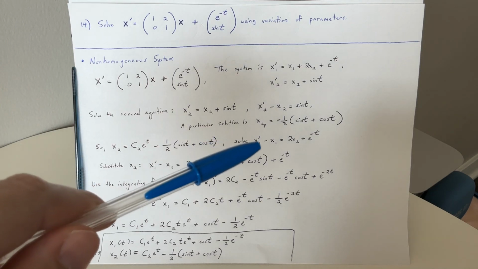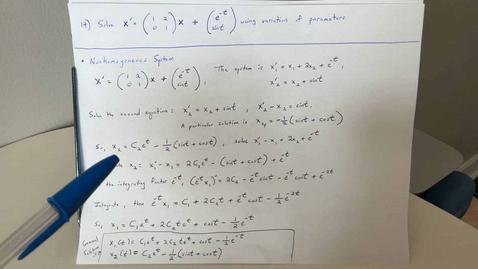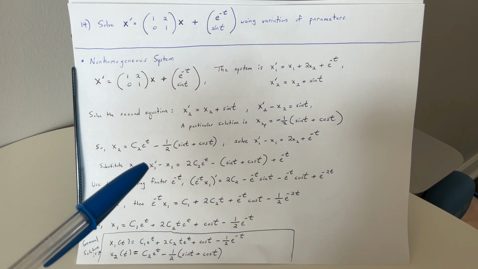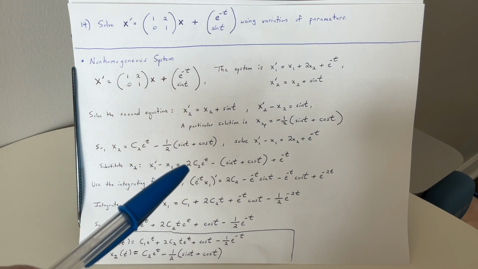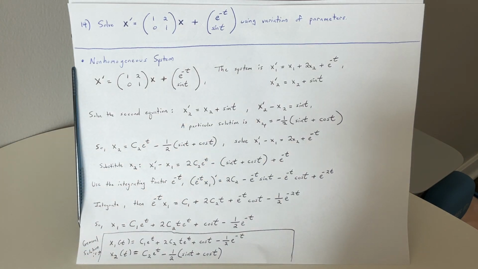Solving x sub 1 prime minus x sub 1 equals 2x sub 2 plus e to the negative t, substituting in x sub 2, x sub 1 prime minus x sub 1 equals 2c sub 2 e to the t minus the quantity sine t plus cosine t plus e to the negative t.